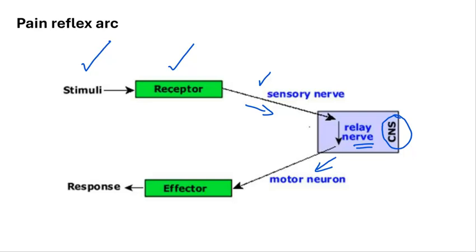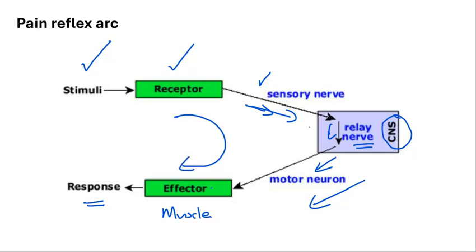So the flow of the information is from the sensory nerve through the relay nerve and immediately out along a motor neuron that will end at a muscle as an effector. The contraction of that muscle provides us with the response, which is the movement of the limb away from the stimulus. And so we have this arc of information flow, which is the pain reflex arc.